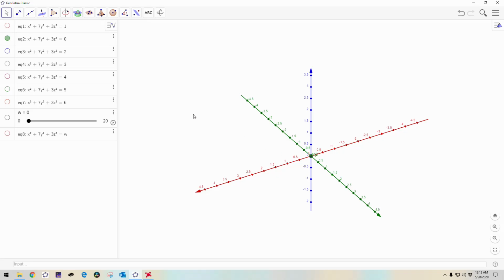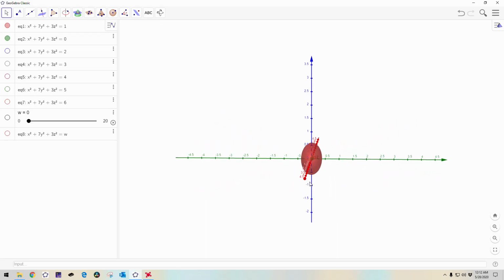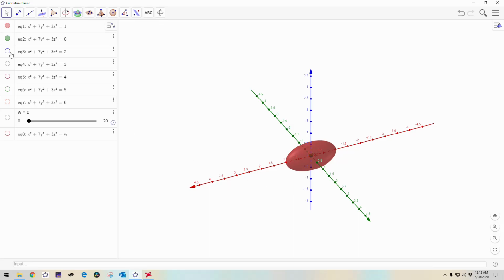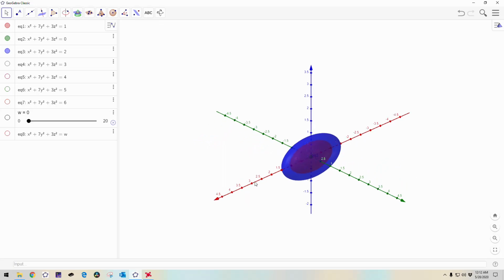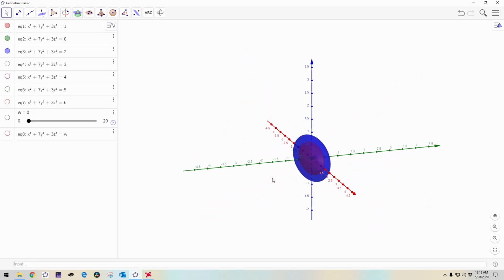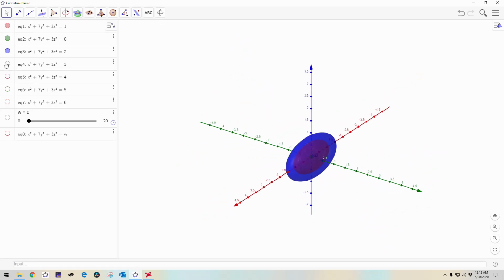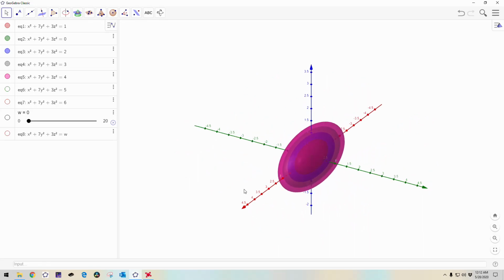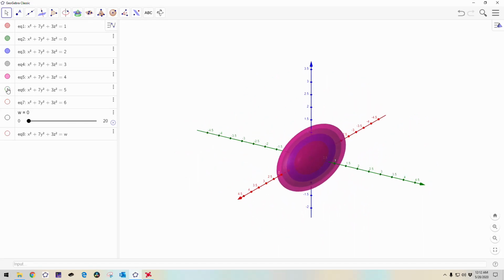It's a single point. Then when it equals 1, you see it has this ellipsoid. And then at 2, it has this one. Notice it's pretty much the same proportion, and they're concentric. They have the same center. And then 3 and 4, you can see they're all just growing on top of each other, basically.